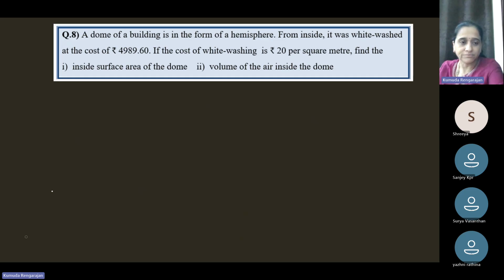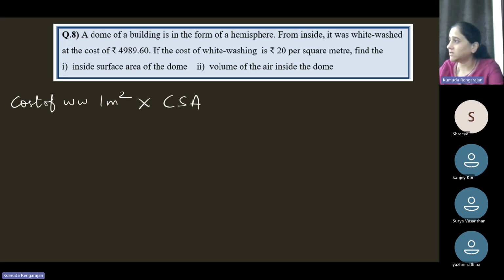So here, cost of whitewashing 1 meter square. WW is whitewashing. Cost of whitewashing 1 meter square into the curved surface area.